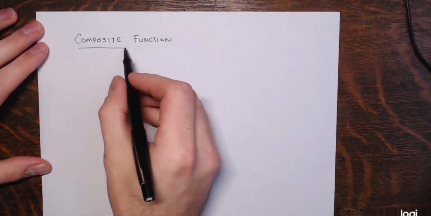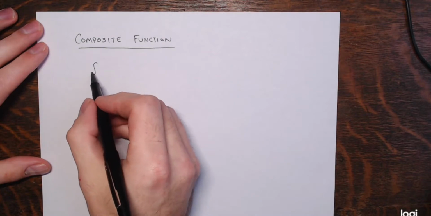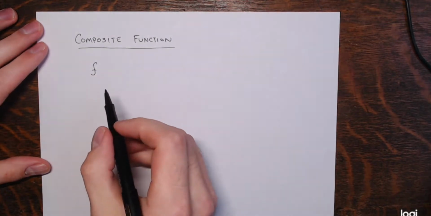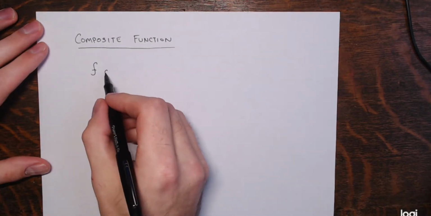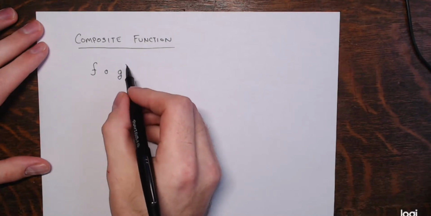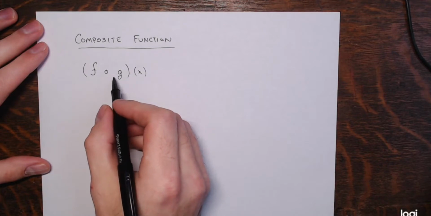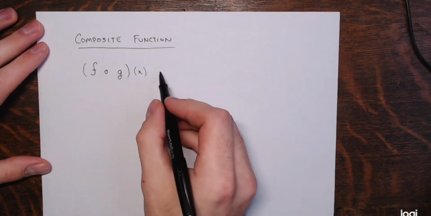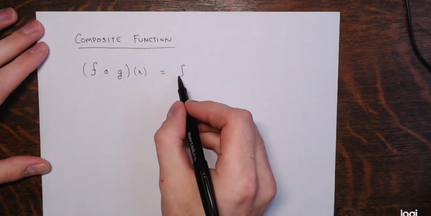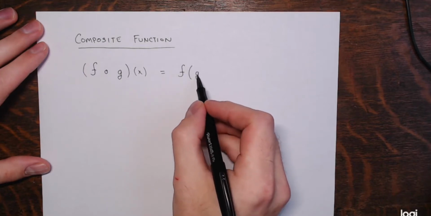It looked like this. If I had functions f and g, the composite function f composed with g would look like this: f composed with g of x. Another way to write this was f of g of x, with all these parentheses.